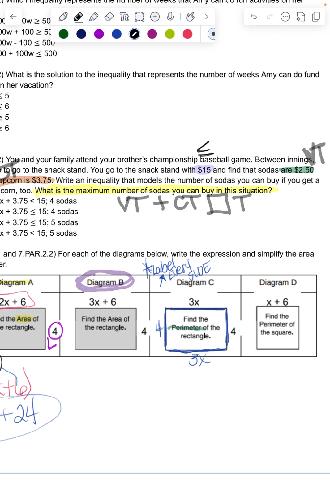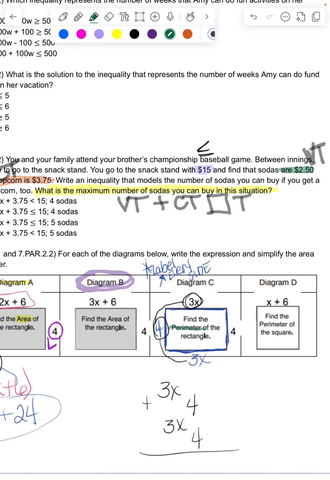You ready? I'll start right here. I'm going to write them down and stack them. 3x plus 4 plus 3x plus 4.